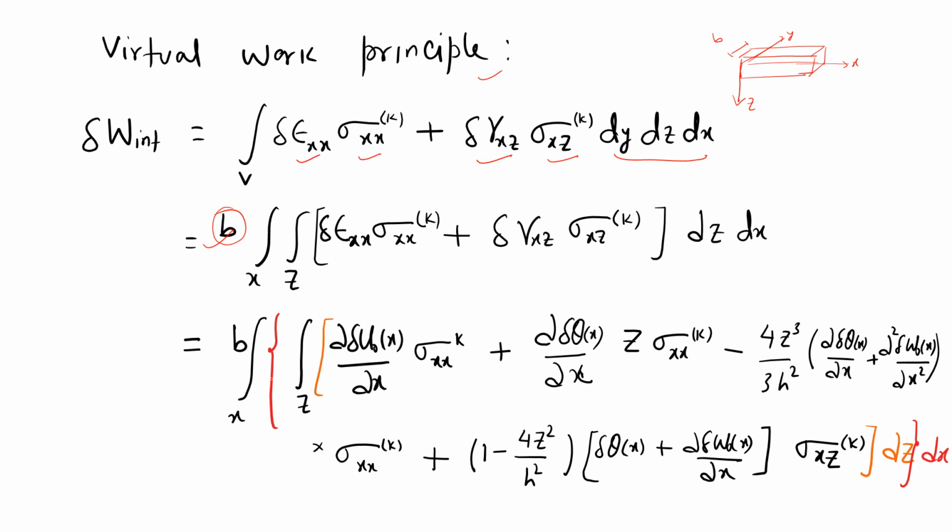Now we will open this variation of epsilon xx. The first part would be this, then the second part of the strain would be this into z, and then the third part would be this part into the strain into stresses. Then if we open the variation of the shear strain gamma xz, we will have this part multiplied by variation of theta x plus the variation of the transverse displacement derivative.